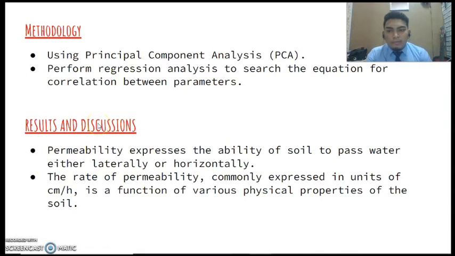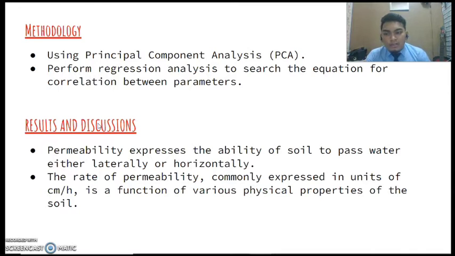So then we move to the methodology, which is the method that the people who conducted this case study or research used. The method for this research is using principal component analysis, which is PCA, that I said before, and performing regression analysis to search for the equation for correlation between parameters.